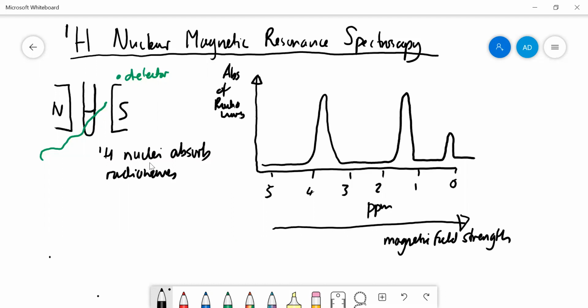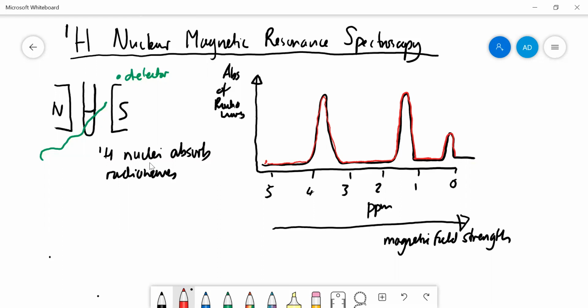At low magnetic field strength, there's no absorbance of radio waves, and as you increase it, there's still no absorbance, then all of a sudden some of the hydrogen nuclei start absorbing here. You get one peak, then no more absorbance as you increase the field strength, and then another set of hydrogen nuclei absorb here, and then you get zero absorbance of radio waves, and then finally you get some more hydrogen nuclei absorbing there.